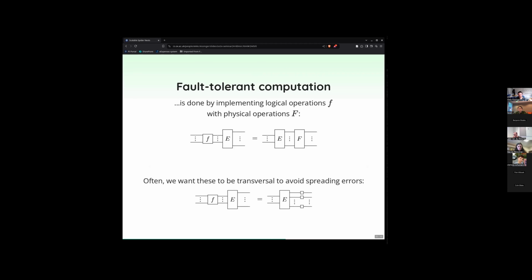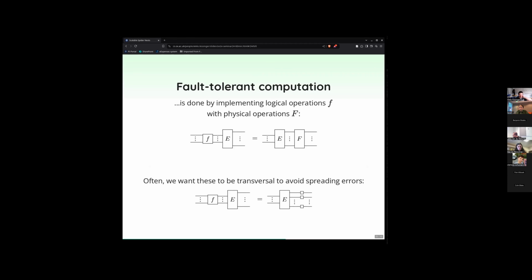And then often, for example with unitaries or more general kinds of maps, we might want this thing to be transversal. For a single code block, that means we want the thing to factorize into single qubit gates or operations. For multiple code blocks, we want each of our operations to only involve a single qubit from each code block.